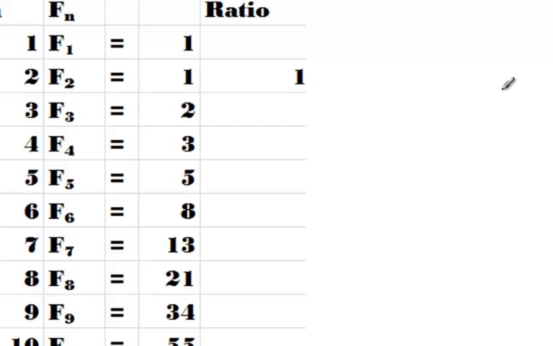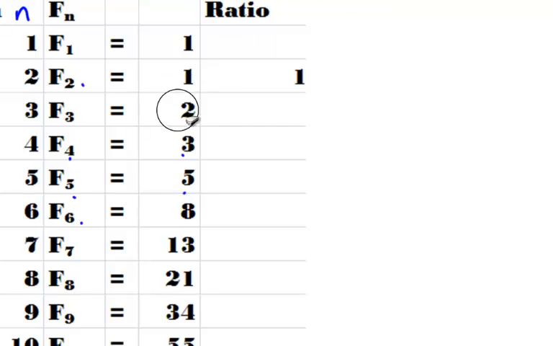So now I've listed the Fibonacci numbers. I've listed an n to the side here. N is just the order number, 1, 2, 3, 4, and so on. F sub 1 is 1, F sub 2 is 1, F sub 3 is 2, F sub 4 is 3, F sub 5 is 5, that's the only one that matches, F sub 6 is 8, and so on.